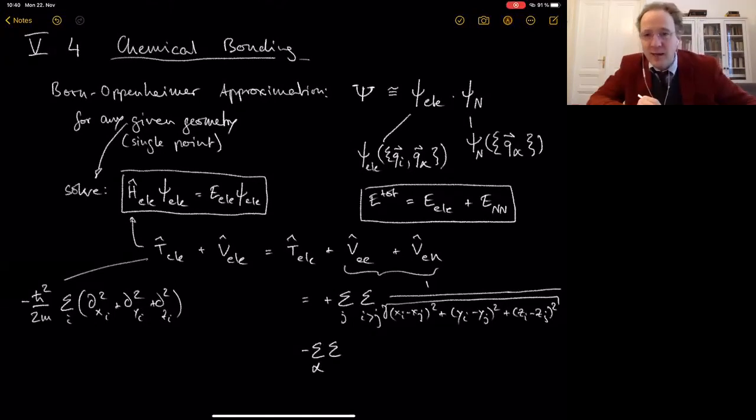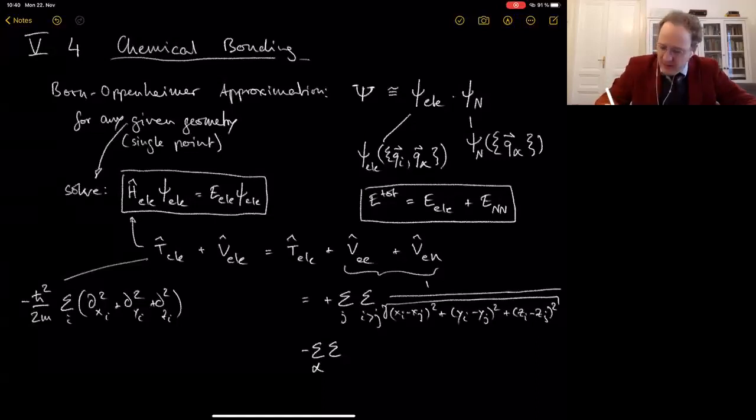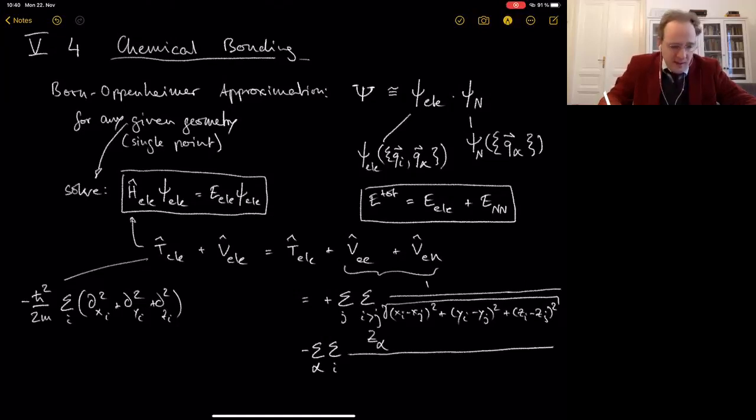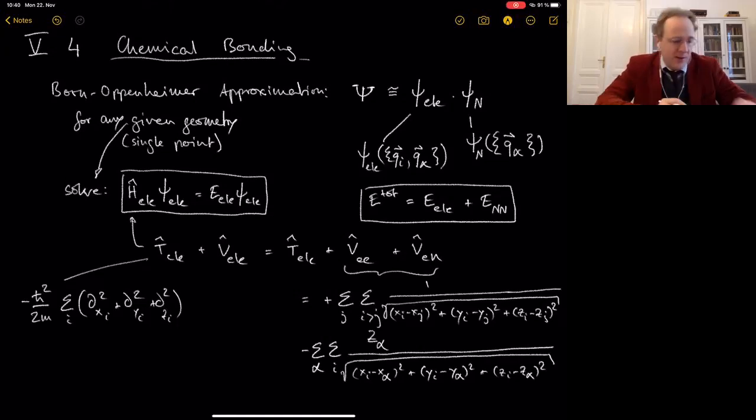Before I had just one atom, but now I have to sum over alpha too. Now what happens here? If you see alpha, and now you divide by x_i minus x_alpha plus y_i minus y_alpha plus z_i minus z_alpha. All right. So that's our denominator.